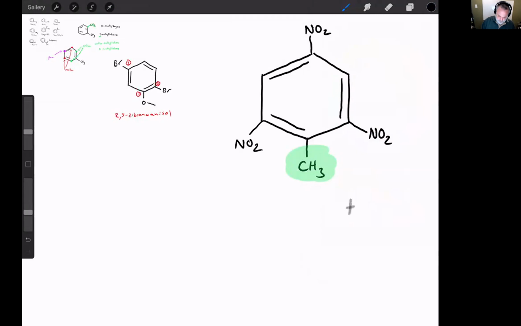This is some sort of toluene, right? And so what do we got going on here? We've got a group here, a group here, and a group here. It doesn't matter which direction we number it. It's the same either way.